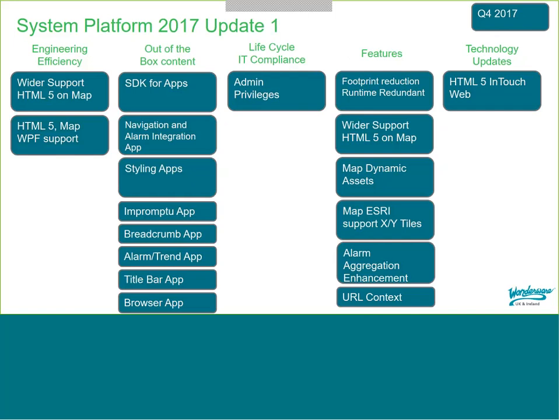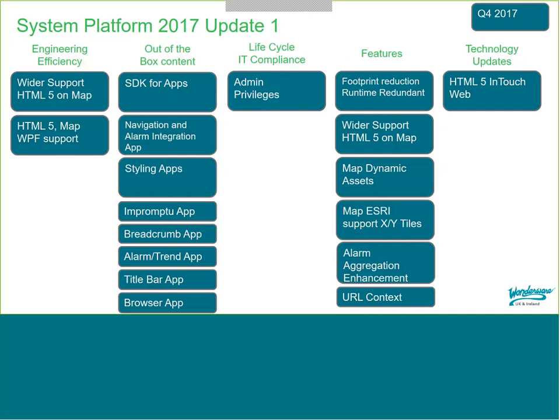So this update 1 system has really brought on these extra elements here. So we have things like wider support for the applications that are already built into the system, and I'll talk a little bit more about applications shortly. They've got a whole host of things that already exist, things like title bars.